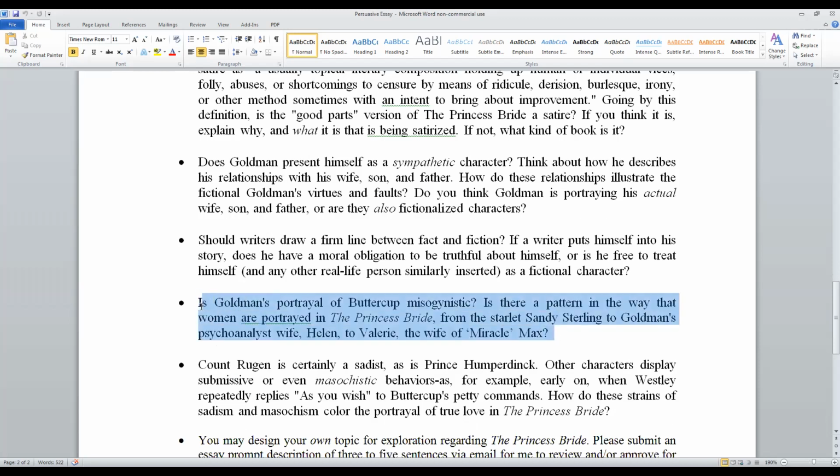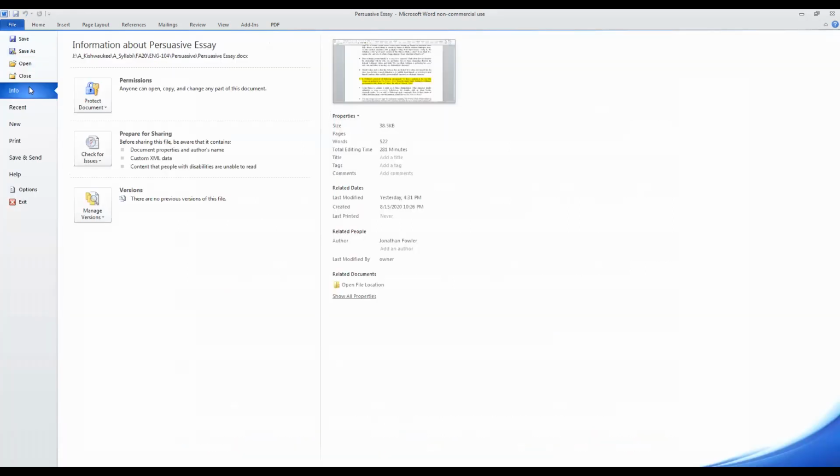Is Goldman's portrayal of Buttercup misogynistic? And is there a pattern in the way that women are portrayed in The Princess Bride, all the way from starlet Sandy Sterling in the introduction, to Goldman's psychoanalyst wife Helen, to Valerie, the wife of Miracle Max? So I think that'll be an interesting topic. Let's see how it goes.